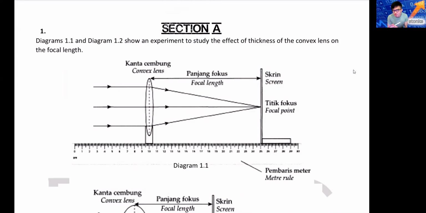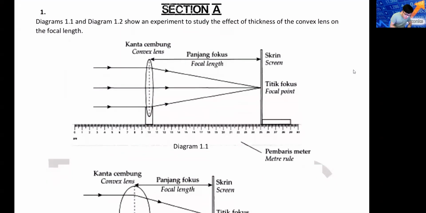As long as you know how to write your variables, your MV, RV, and CV, your hypothesis, your inference, observation, pemerhatian, operational definition, the hardest one, definisi secara operasi, objective, conclusion, whatever lah. You can write all these experiment stuff, then you can score your section A already. No studying involved. Whereas section B, the one you need to study. That means you need to memorize stuff.